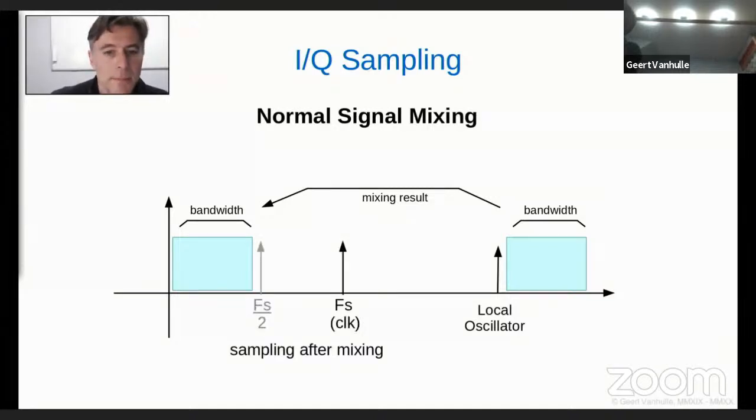Now, after that, we do, for example, sampling, and then our sampling frequency needs to be the same or higher than double the bandwidth that we want to use.